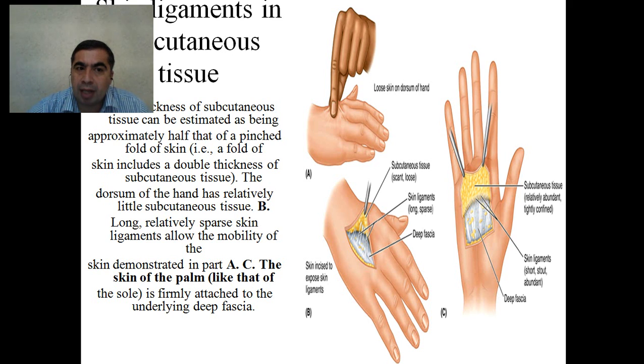Now, by the new anatomical, aesthetic, surgical investigations, these ligaments are called the retaining ligaments. And at C, you are looking at the skin of the palm, which, like that of the sole, is firmly attached to the underlying deep fascia.